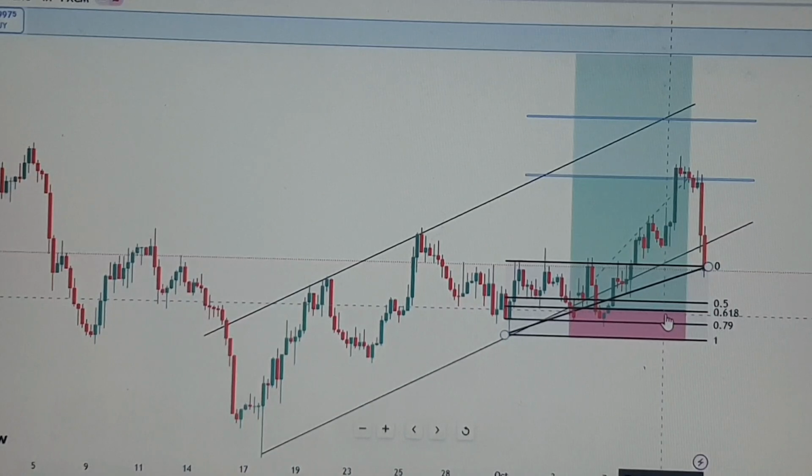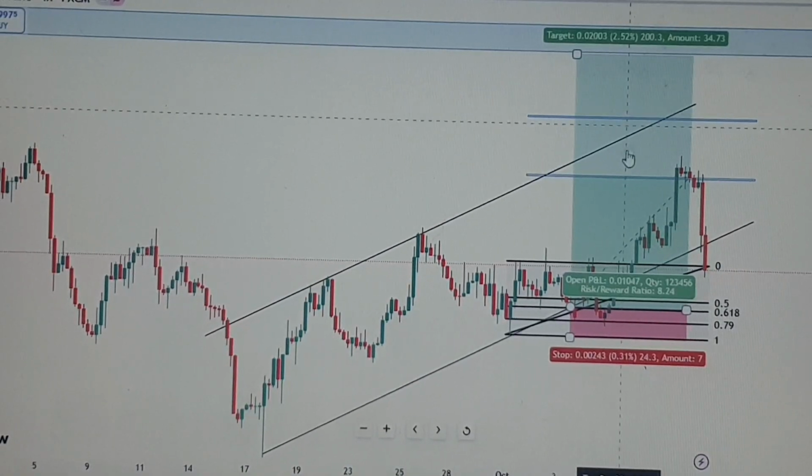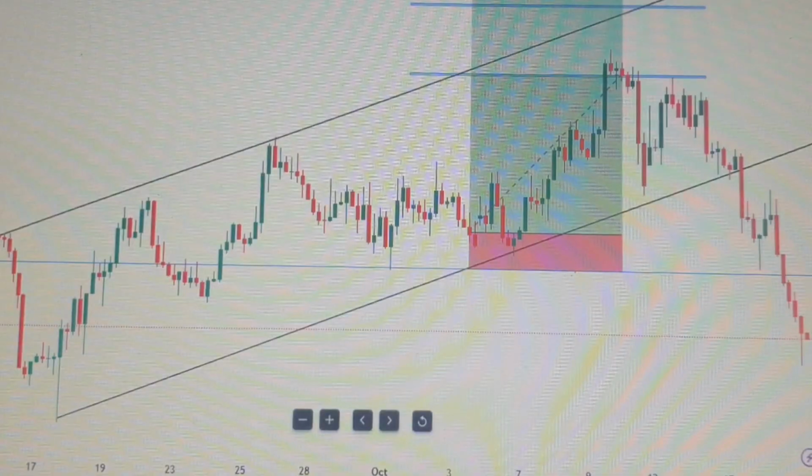This is the reason why I keep preaching about the fact that you need to always split your profit. I always take half of the overall target. Finally, the trade went to my stop loss. But the beautiful thing about this trade is that I didn't close out on a loss.